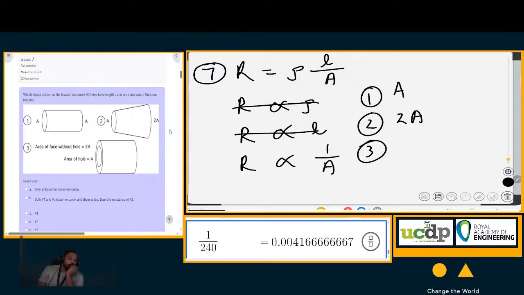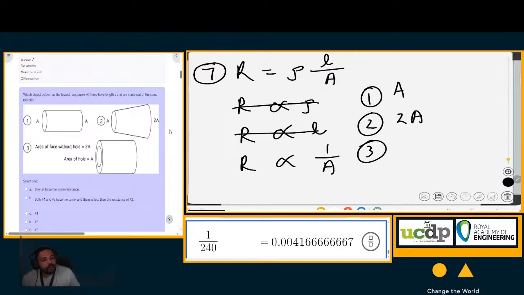Okay, the problem is that the area is not constant. The first one has an area of a face of A, and also an end face of A, so its area is A. The second one, however, has A, but it ends at 2A.